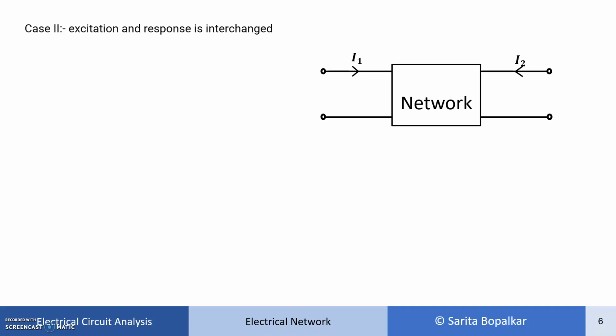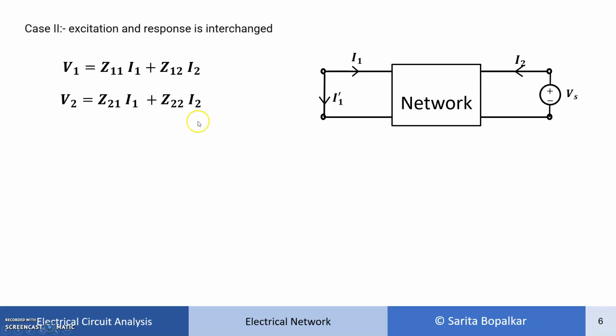This is our two-port network. We apply excitation at the output port and measure the response at the input port. So for the Z parameter equations, what do we need to change? Our V2 becomes Vs, the excitation, V1 becomes 0, and I1 becomes minus I1 dash.